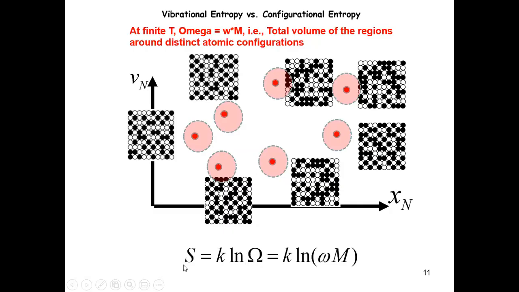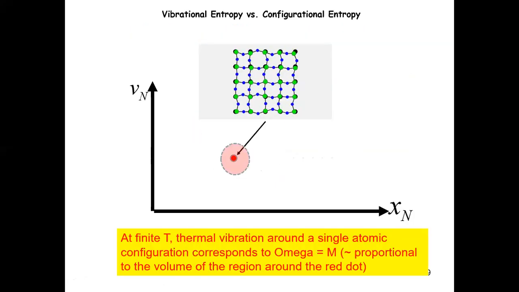So again, this is the definition of Gibbs entropy that we introduced a couple of lectures before, and omega is the number of states, right? And you can see here we write omega as the lowercase omega times M. Okay, so what is M? M I already introduced in the previous picture.